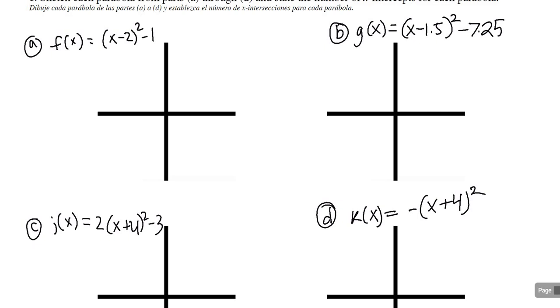Let's graph these. Okay, part A. My vertex is at 2, -1. My A is equal to 1, so my step is just 1, 3, 5. I go over 2, I go down 1. That's my vertex. And then I do my step pattern of over 1, up 1, over 1, up 3, over 1, up 5. I'm being approximate. And then I connect with a smooth curve.